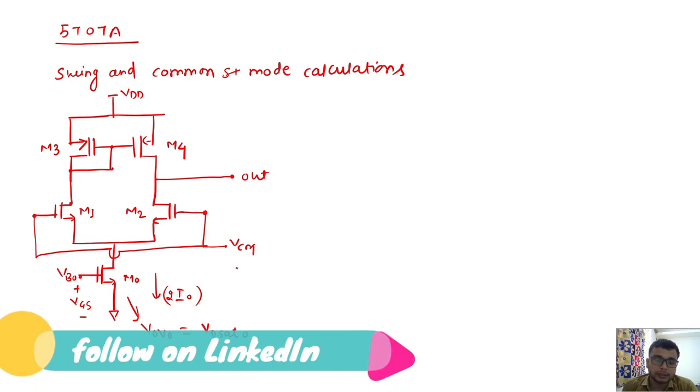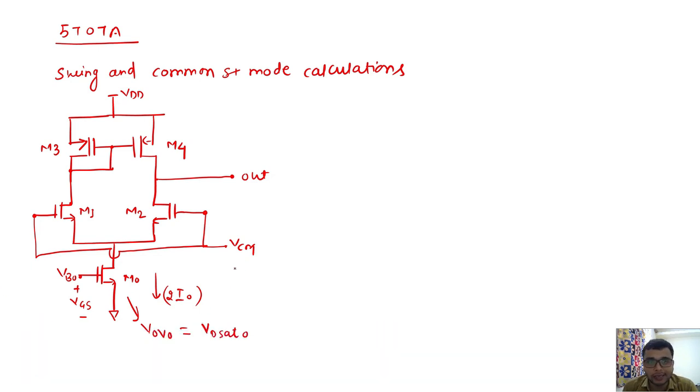For finding the range of the input common mode that I am applying to my structure, if we go on the lesser side, what can be the minimum value of VCM?